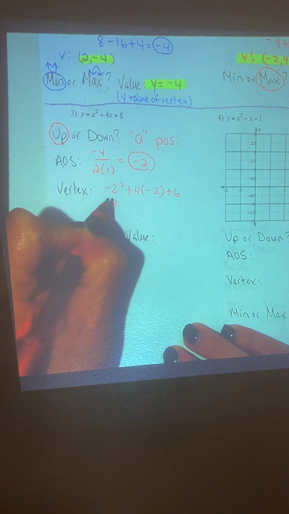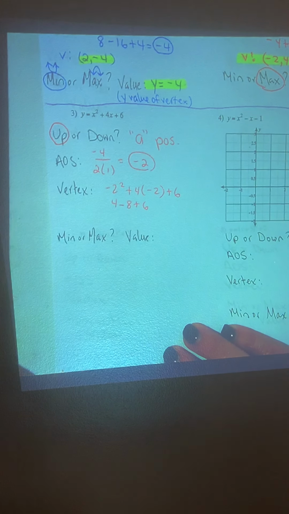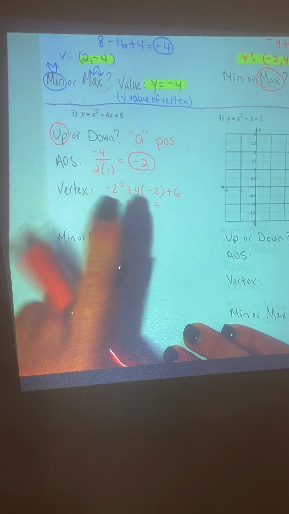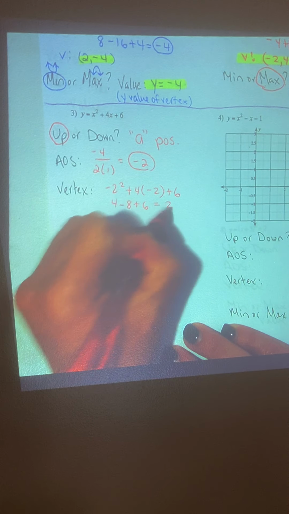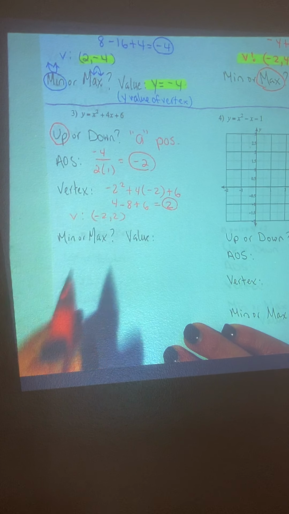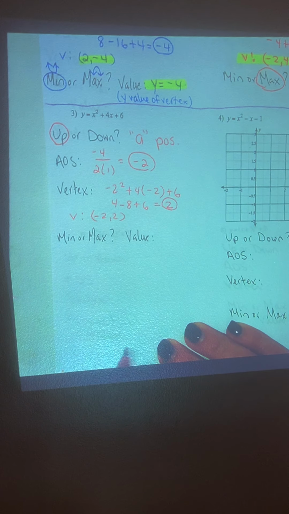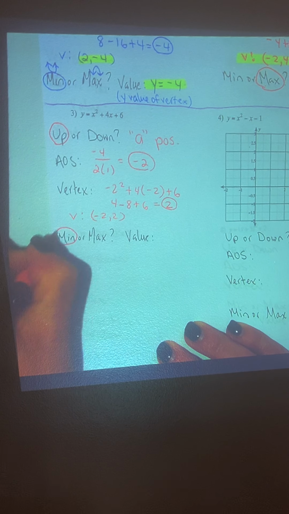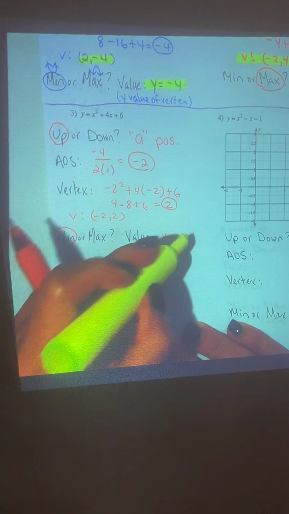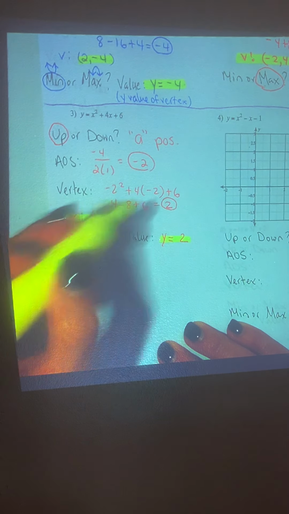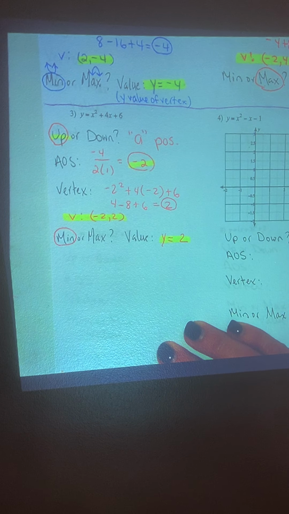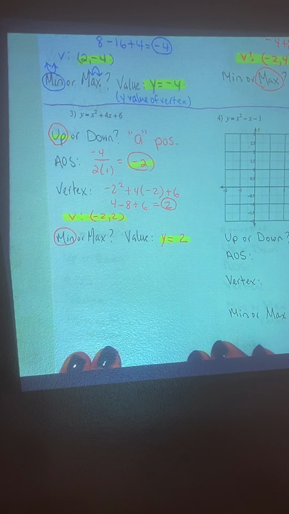So that's 4 minus 8 plus 6. 4 minus 8 is negative 4 plus 6, there's my opposite and doubles, is 2. So therefore my vertex is negative 2, 2. Min or max, up is a min, y value of the vertex is 2. And it's up. Okay. All right, next one.